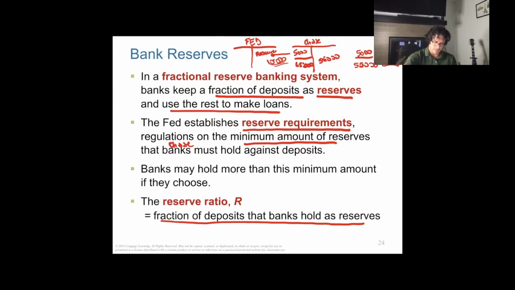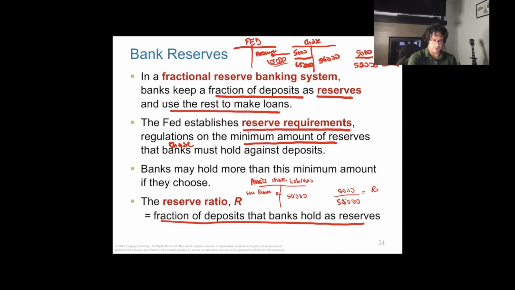So, okay, you have Chase, the liabilities are given by the demand deposits, you have $50,000, that are the liability of Chase. These are the assets. And the reserve ratio is given by the reserves, say 5,000, divided by the deposits, 50,000.